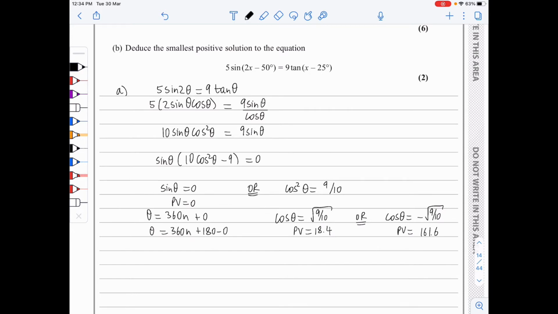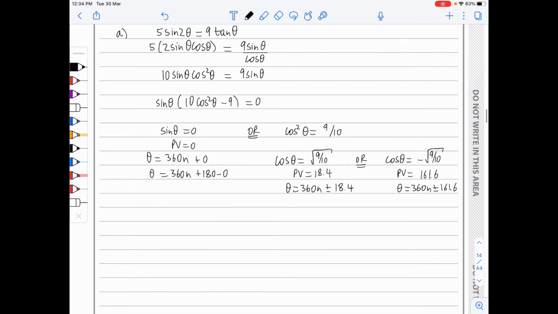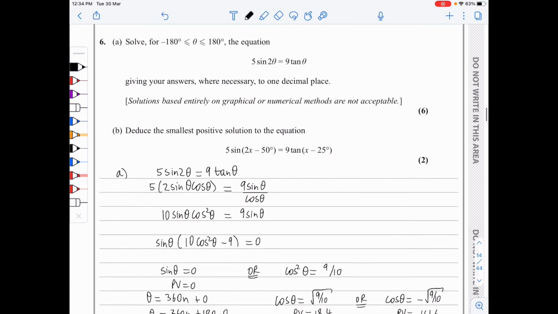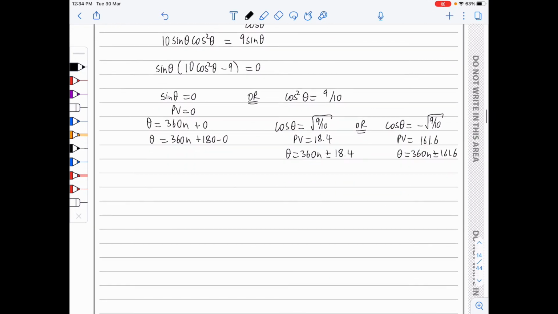We've got theta is 360n plus minus 18.4, and theta is 360n plus minus 161.6. So we are varying between minus 180 and 180, inclusive of both boundaries.